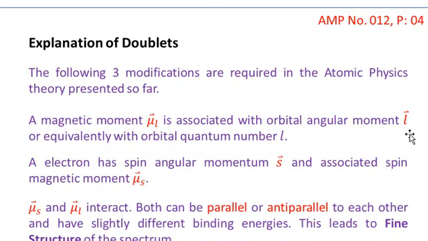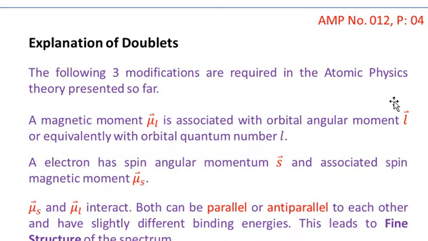The second point is that an electron has a spin angular momentum S. So this is a new addition, that a spin angular momentum is associated with the electron, and a quantity which is also associated with the spin angular momentum is the spin magnetic moment. So mu S is the spin magnetic moment.